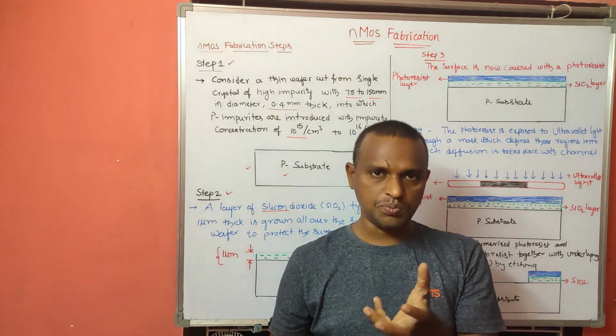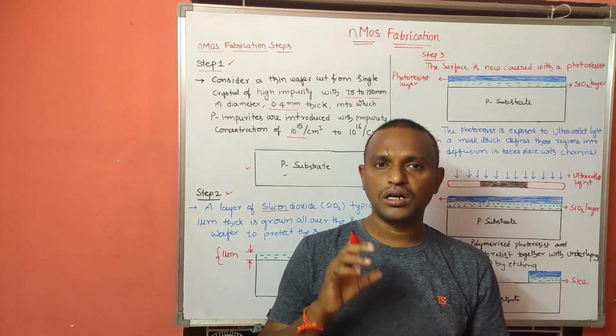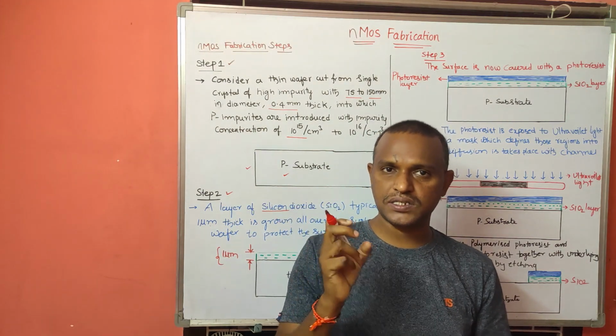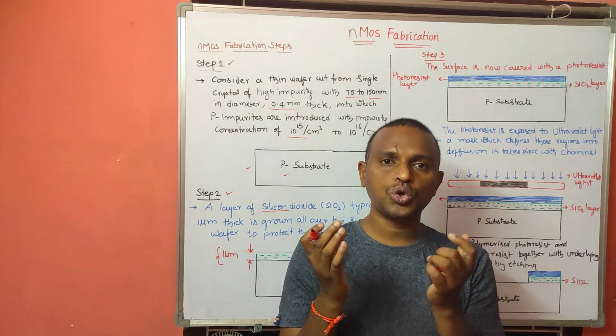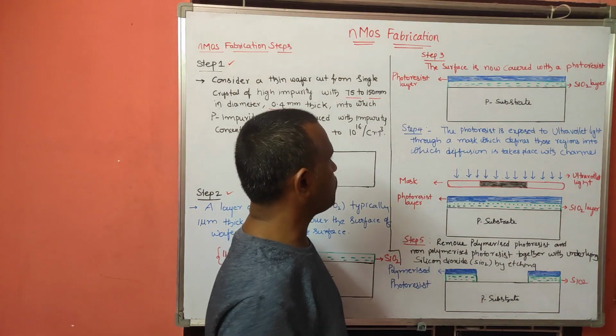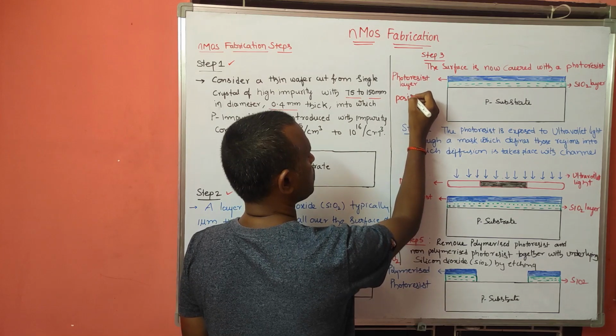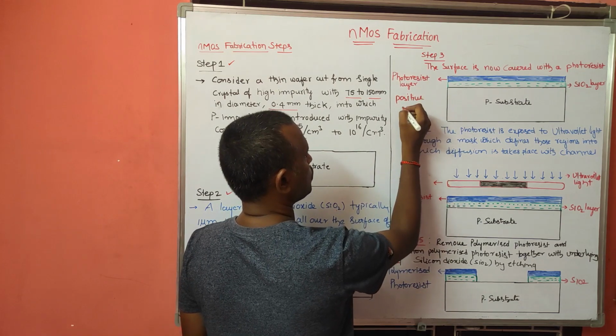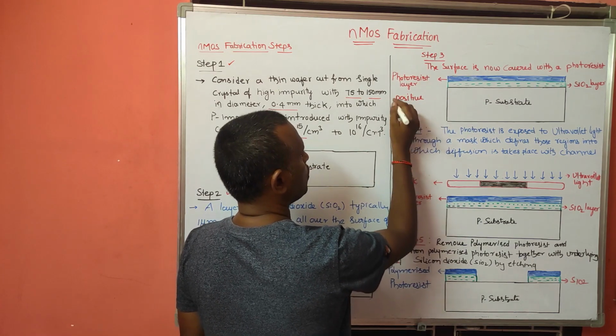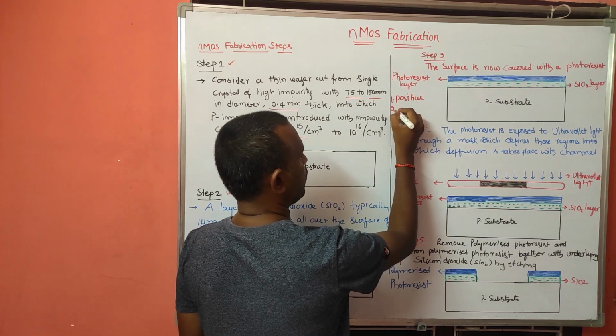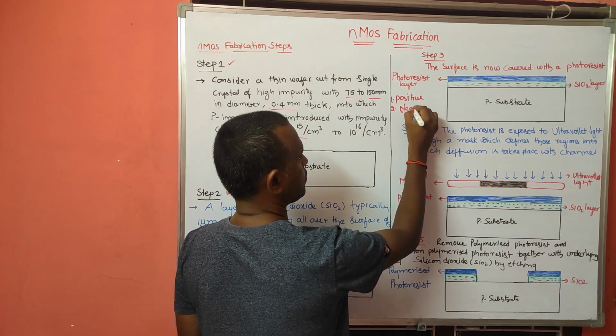Depending on this property, photoresists are divided into two types: positive photoresist and negative photoresist.